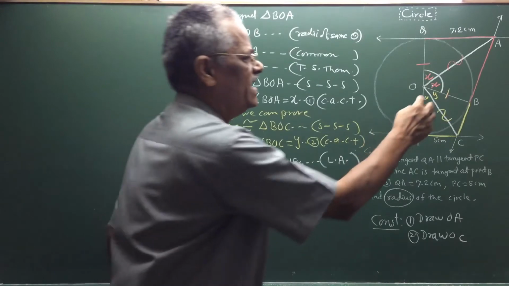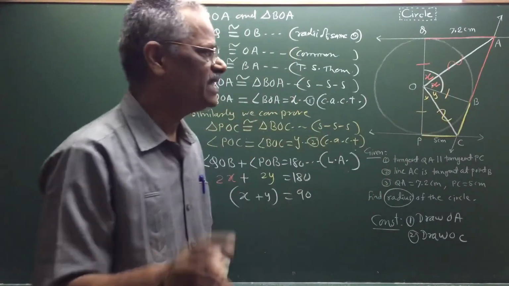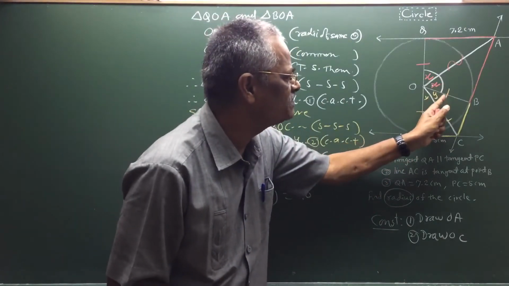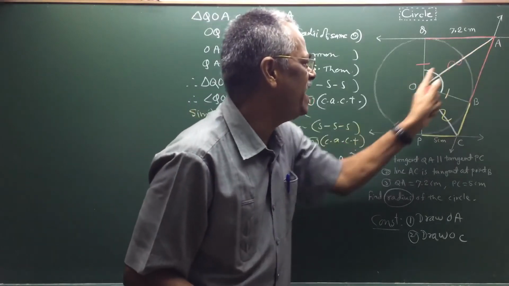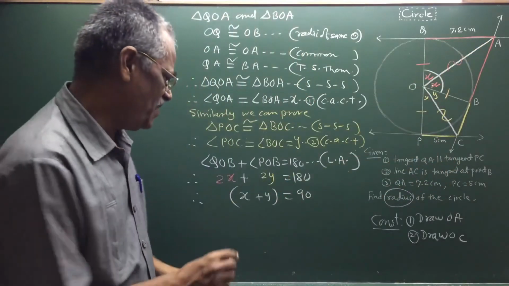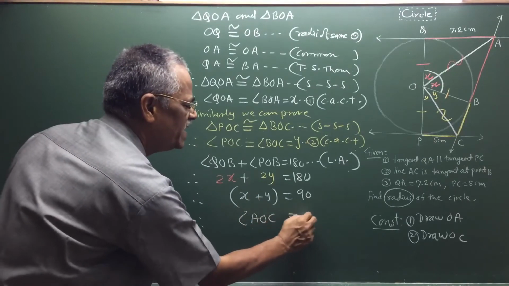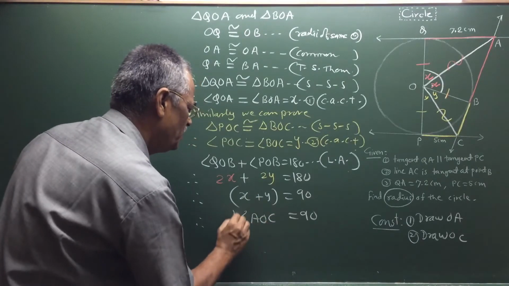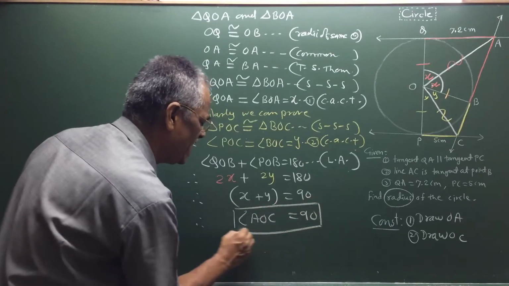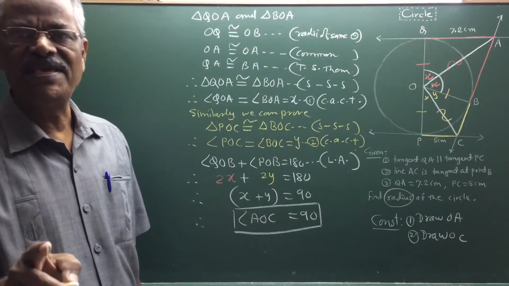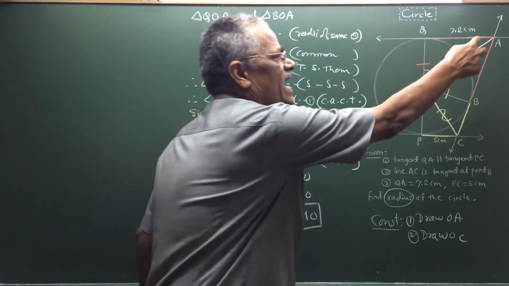This is x plus y. You can take the adjacent angle x plus y, it is angle AOC. So angle AOC is equal to 90. You see that you are proving that angle AOC is equal to 90.